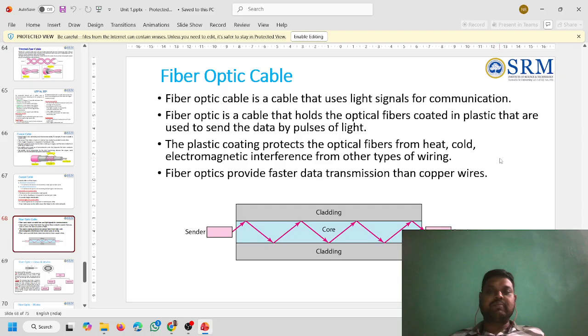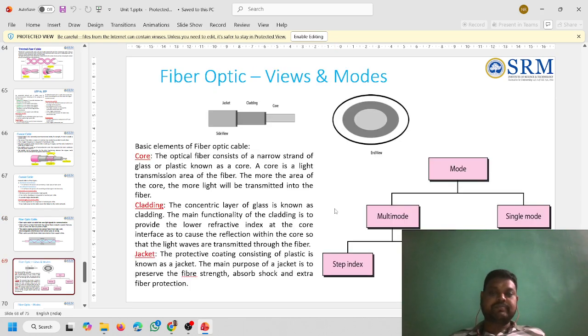The plastic coating protects the optical fibers from heat, cold, and electromagnetic interference. It consists of two layers, core and cladding, and the outer layer is protected by the plastic coating.